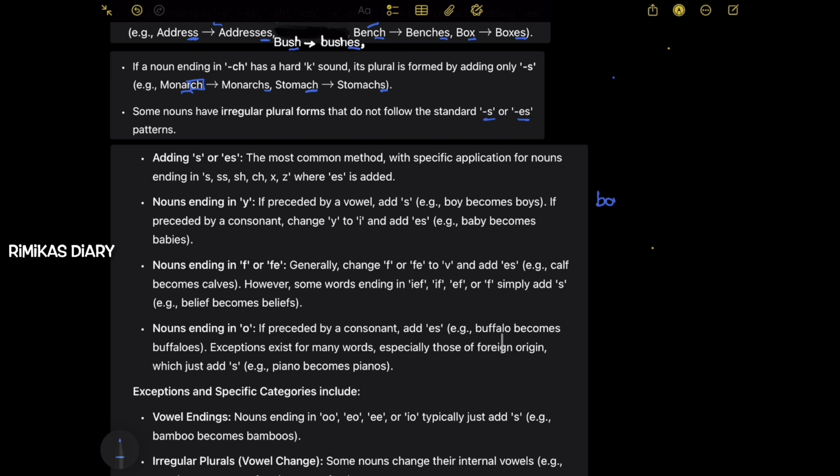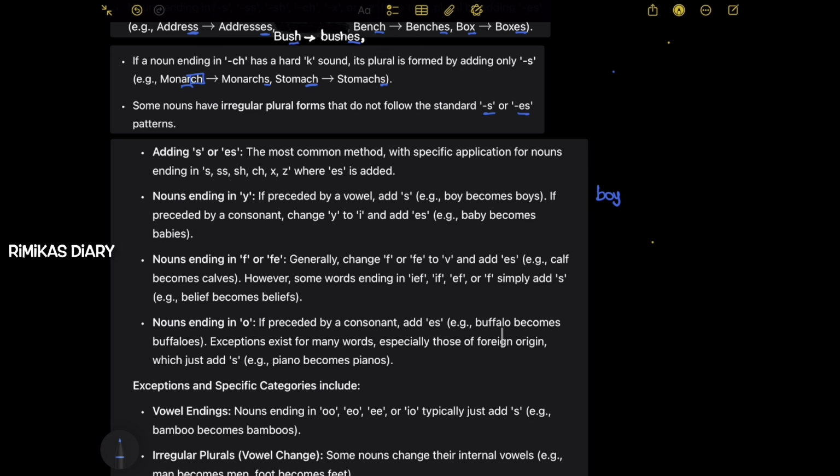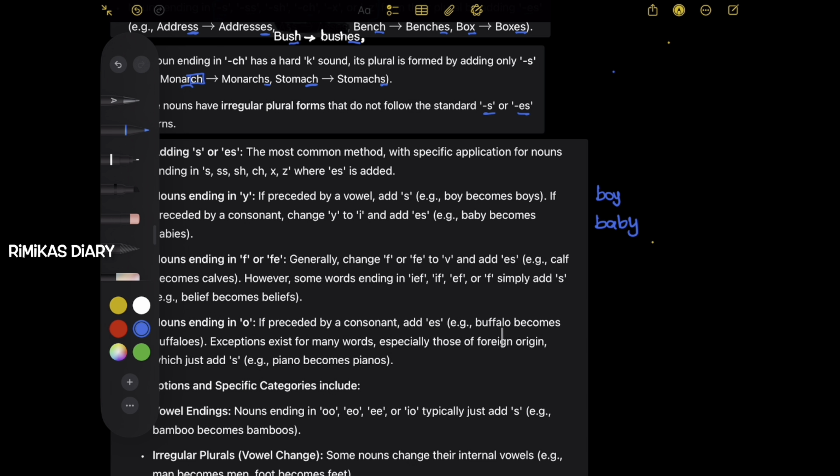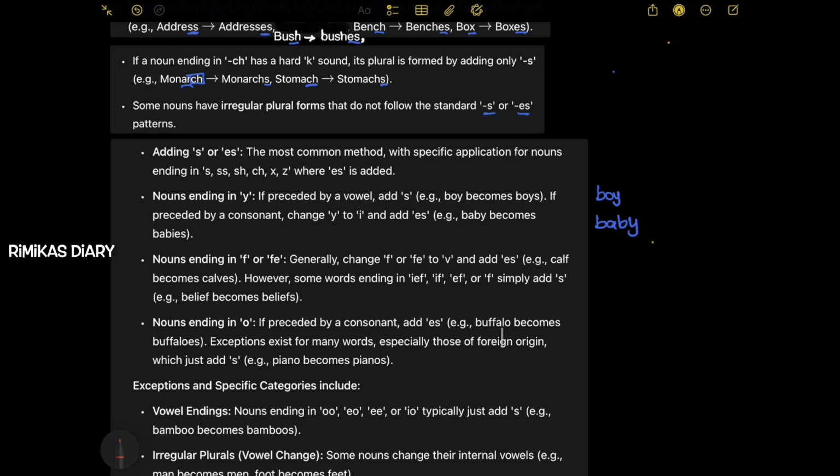Let me explain. For the first rule, boy is the example. Next, it's baby. Let's look at the word boy. There's y at the end. Before y, what letter is it? It's o.